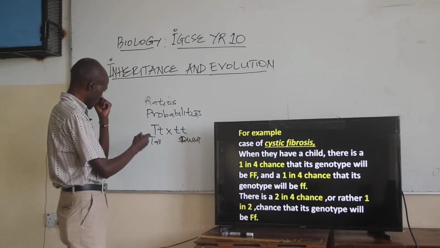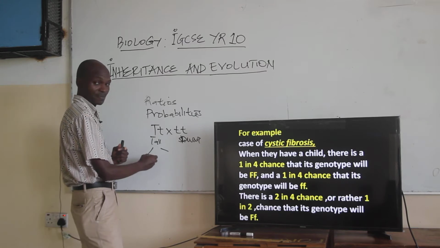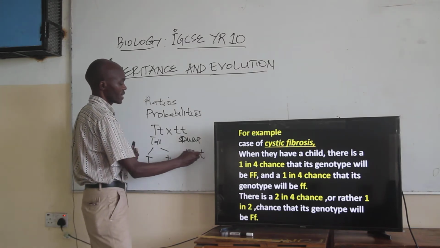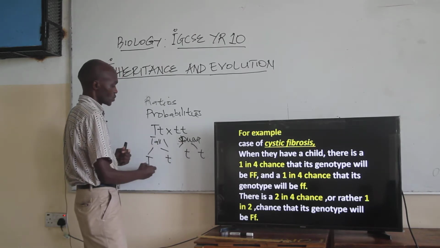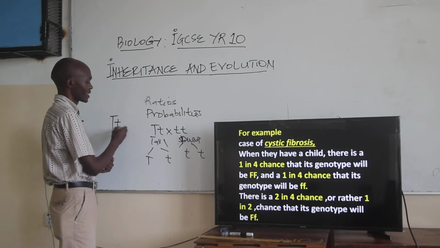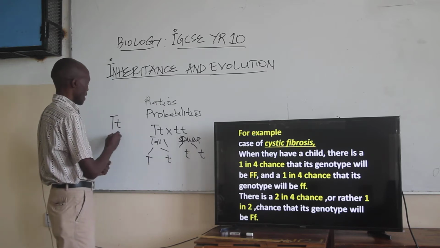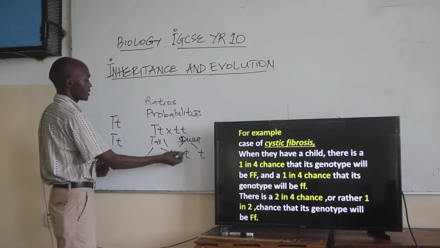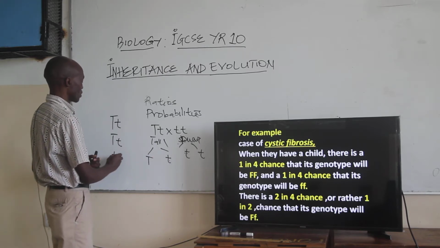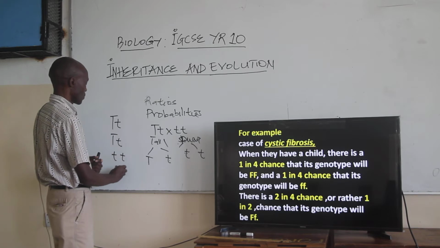So if you cross these two, you would have the gametes separating into T and small t. These gametes combine such that this and that give us one case, this and that another case, while this and this will combine to give us a small t, another t, and the other one t.